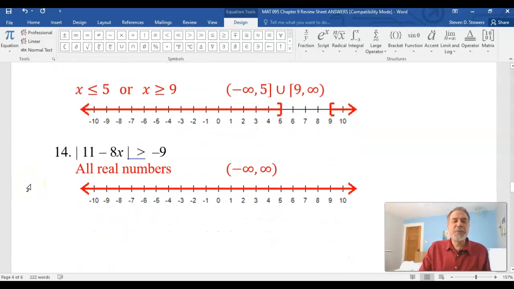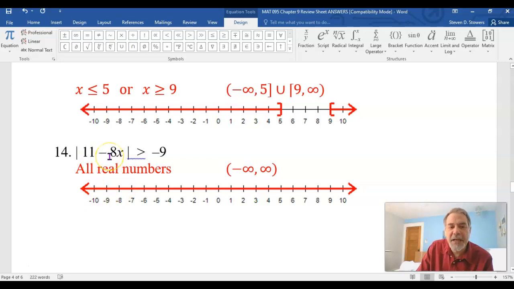And then example number 14 has the absolute value of something being greater than -9. Well, no matter what's going on here, no matter what x is, no matter what 11 minus 8x is, when you take the absolute value of that, the result is always going to be a positive number.